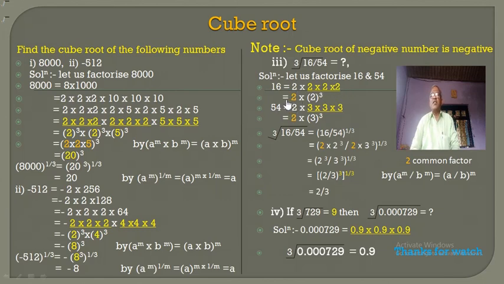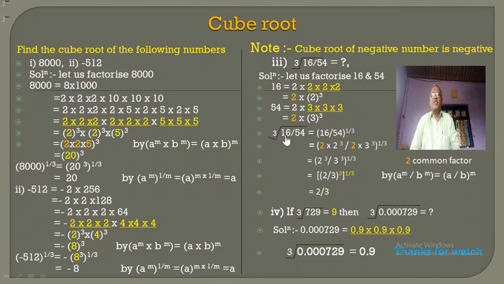So next step, 2 into 2 raised to 3. 54's factors are 2 into 3 into 3 into 3. Next step, 2 into 3 cube.